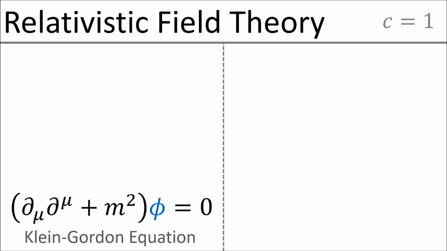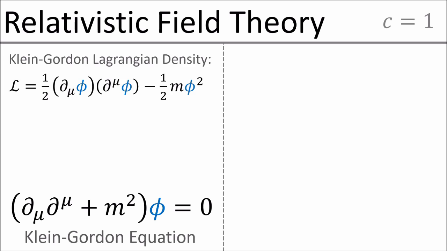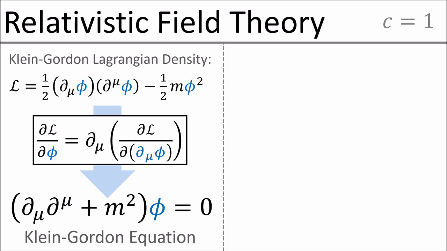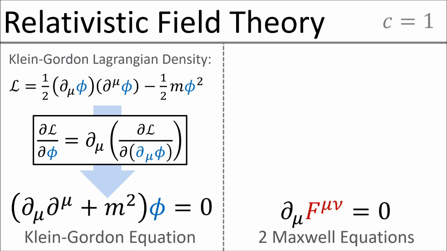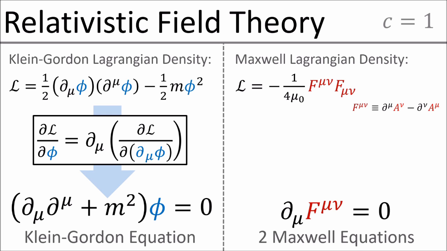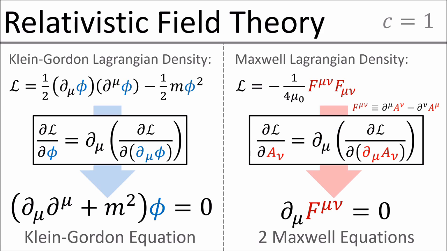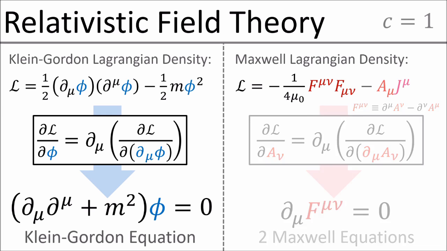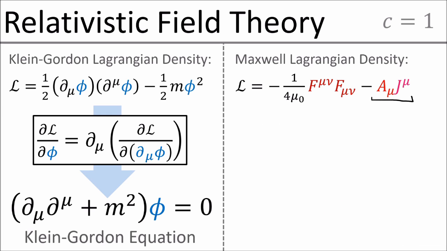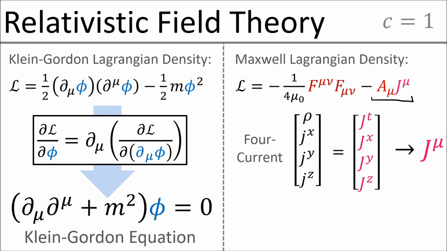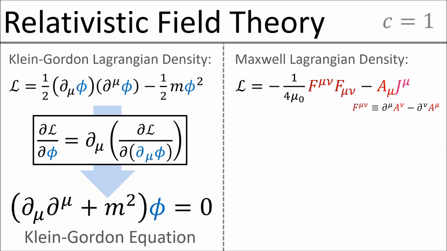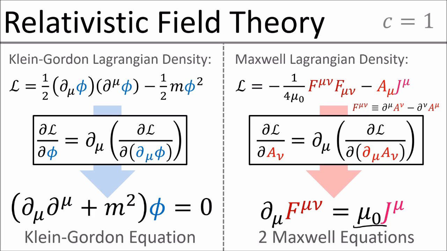Recall that we can get the Klein-Gordon equation by starting with the Klein-Gordon Lagrangian density and putting it through the Euler-Lagrange equations. Similarly, these Maxwell equations can also be derived from this Maxwell Lagrangian density, if we put it through the Euler-Lagrange equations. If we want to take source charges and currents into account using the 4-current J, we can use this modified version of the Lagrangian density, which gives Maxwell equations with source charges and currents included.